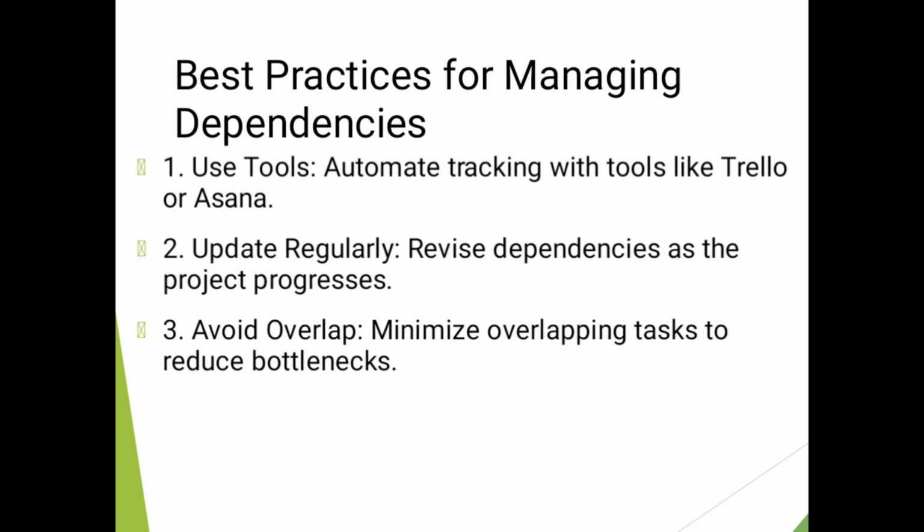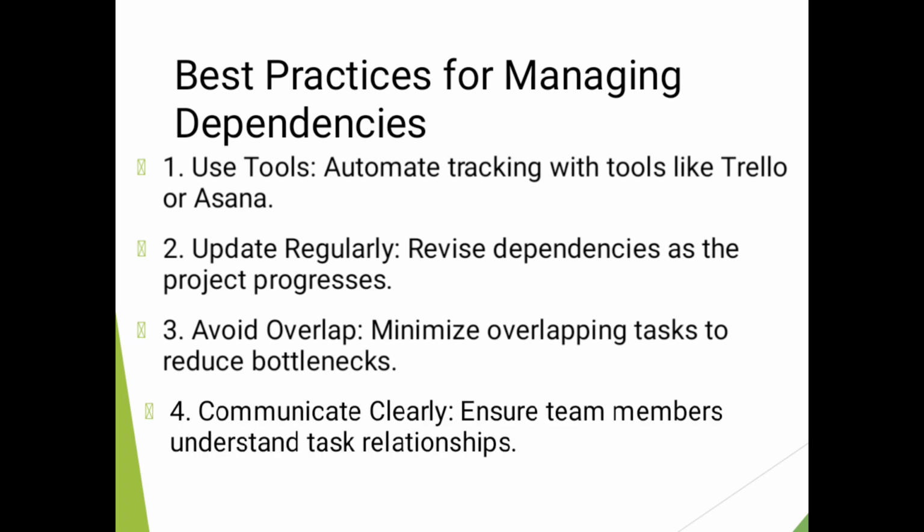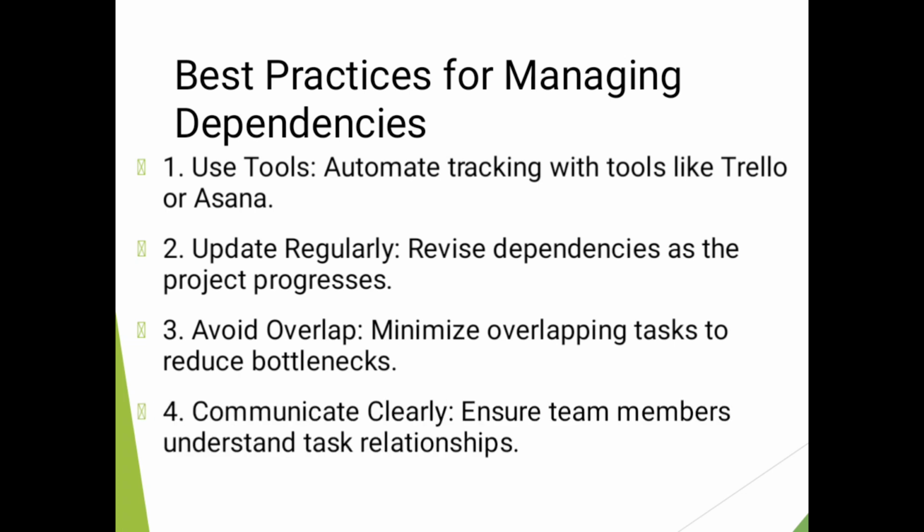Another one, you need to try to avoid overlap. You should minimize overlapping tasks to reduce bottlenecks, so try to avoid tasks overlapping. Another one, there should be clarity in terms of communication.